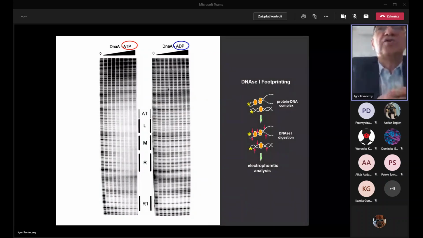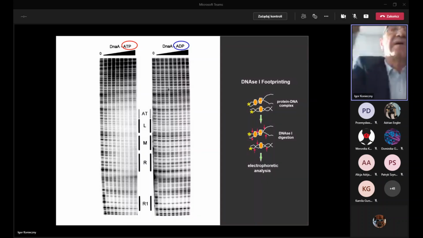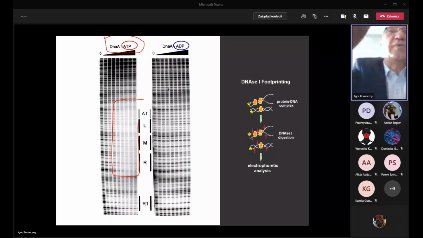And this is also DNase 1 footprinting, showing this ATP-ADP dependence. You see that in the presence of ATP, this footprint looks better compared to the presence of ADP.